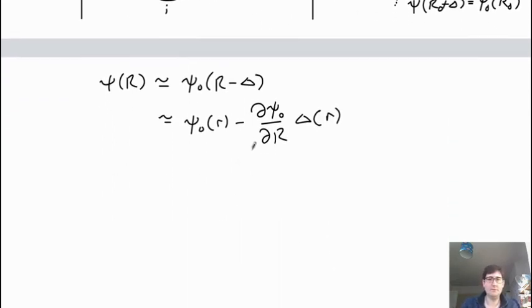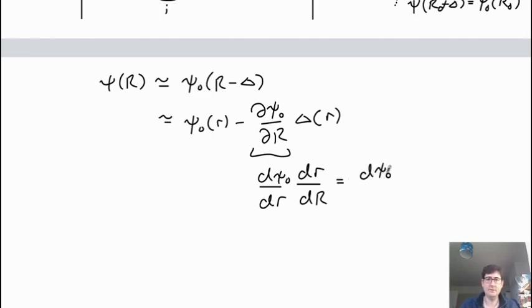And of course this now d psi naught by dr, this is just d psi naught by d little r, because it's the only quantity that psi naught depends on, times dr by d major radius r. And this is just d psi naught by dr times cos theta.